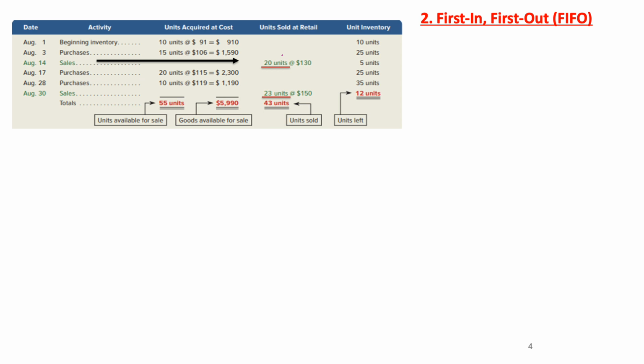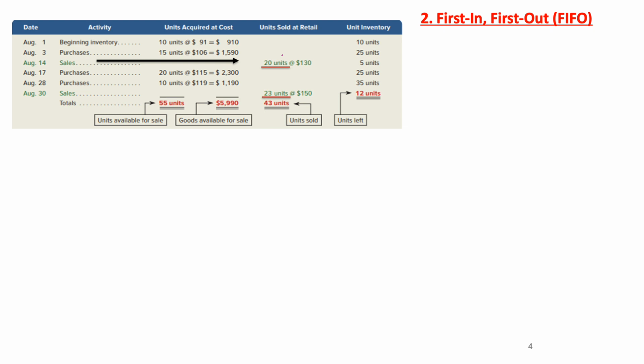Okay, so now we're going to look at first in, first out. As I mentioned earlier, when you deal with the inventory method, you will always be given this type of table in the question. As you can see, we have a table with the dates and the activity done by the company. We have beginning inventory, purchases and sales.